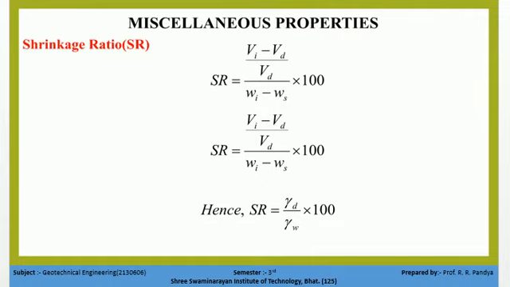Here, the shrinkage ratio we can write as initial volume minus dry volume divided by dry volume, whole in denominator Wi minus Ws, into 100.